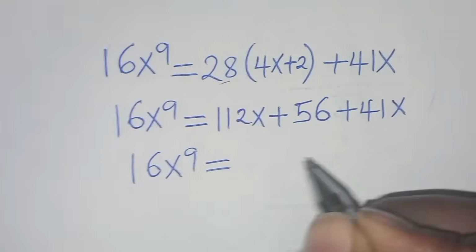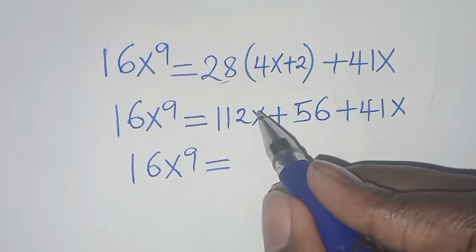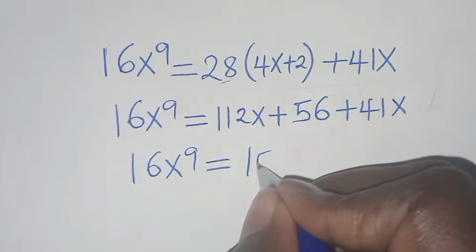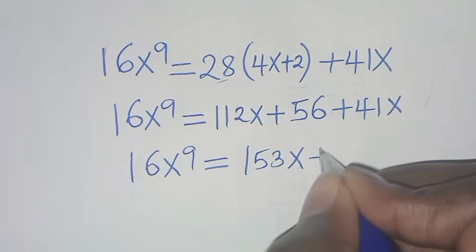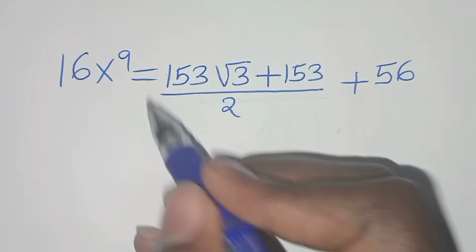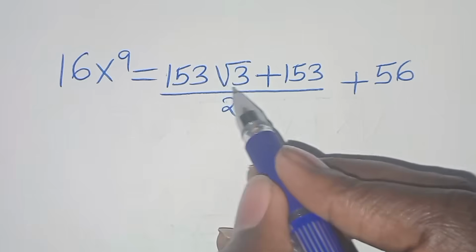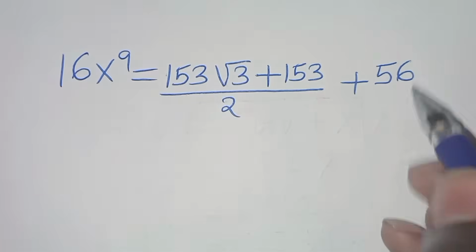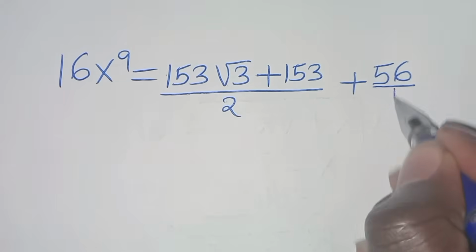This is equal to 112x plus 41x, and this is equal to 153x plus 56. We have 16x to the power of 9. This is equal to 153 square root of 3 plus 153 over 2. Since 56 is the whole number, so this is over 1.